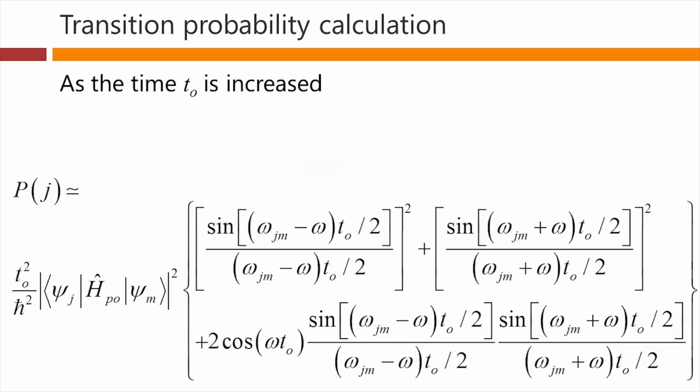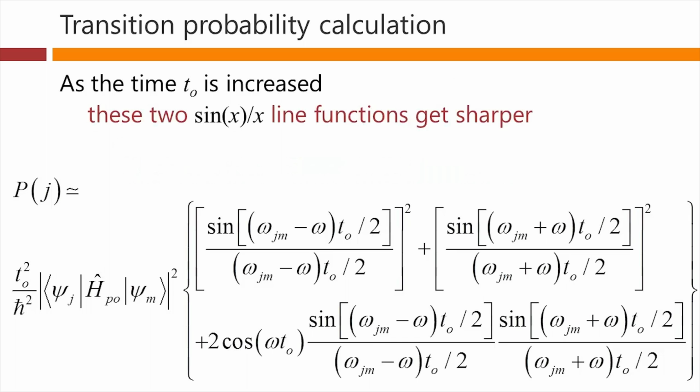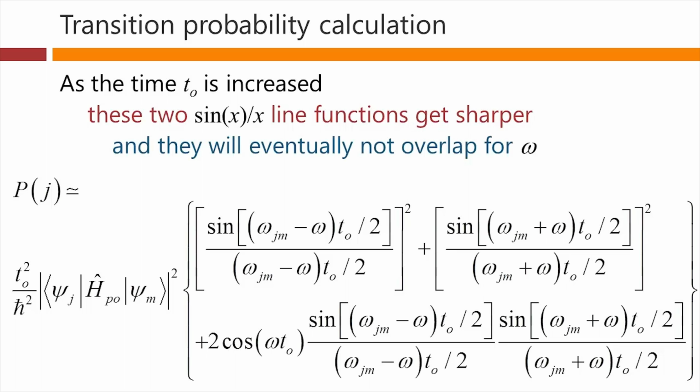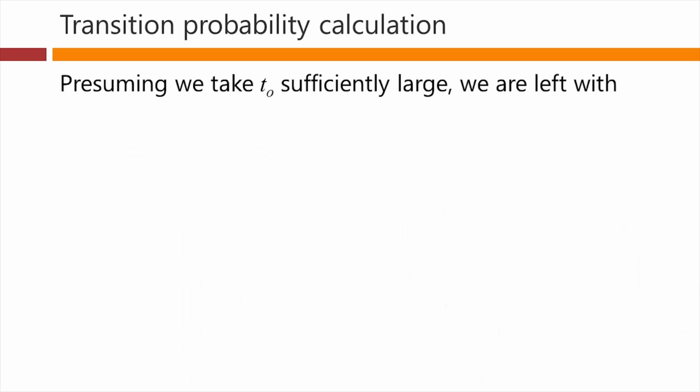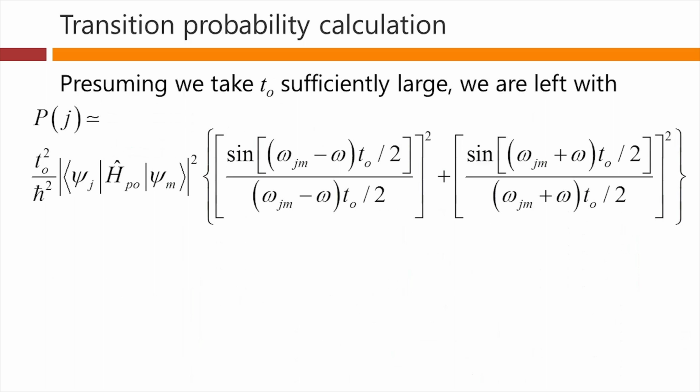So what will happen then is that as time t0 is increased, as we leave the perturbation on for some longer time, these two sinc functions get sharper and sharper, and eventually they will not overlap significantly round about our frequency omega here. And that means, therefore, we are going to lose those terms, that product, and we'll only be left with these two terms. That product of the two different sinc functions will go to 0 because one or other, or both of them, has gone to 0. So we're left now with this expression with two sinc squared terms in it.